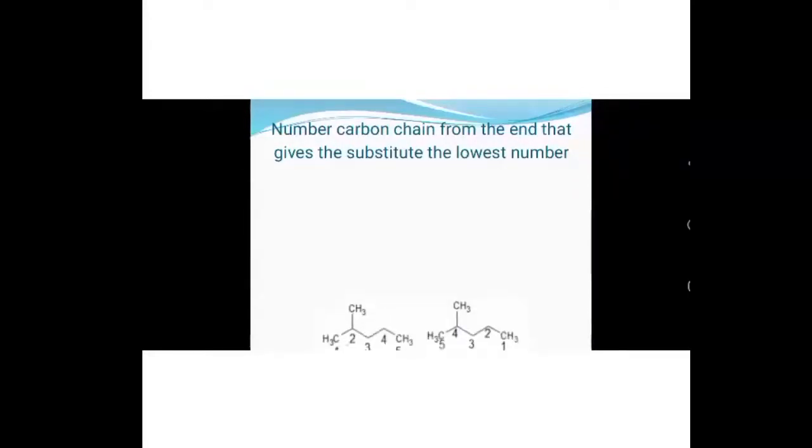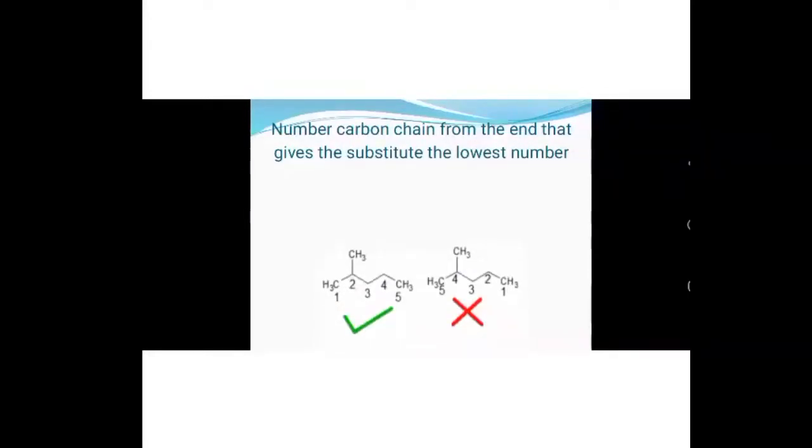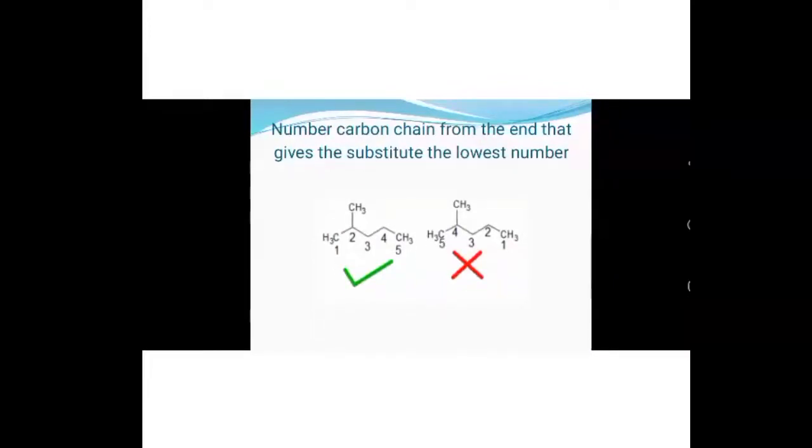You can see for yourself in the structure marked with green, that is the correct way of numbering to give the substituent the lowest number. If you look at the structures very well, in the structure on the left, the numbering starts from the left, so that we have the CH3 attached on carbon number 2.